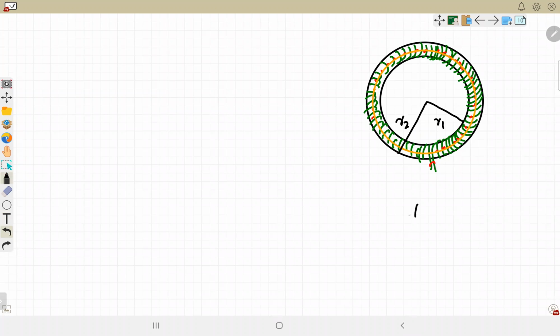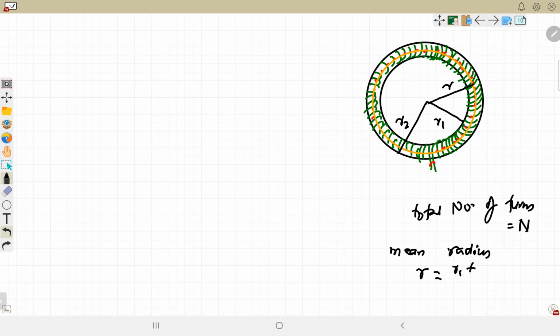Total number of turns is N. और इसकी जो mean radius होगी जहां पर ये सेंटर वाली लाइन है जहां पर हम magnetic field निकाल रहे हैं, the mean radius of toroid is the average of R1 and R2. Mean radius R is (R1 plus R2) by 2.